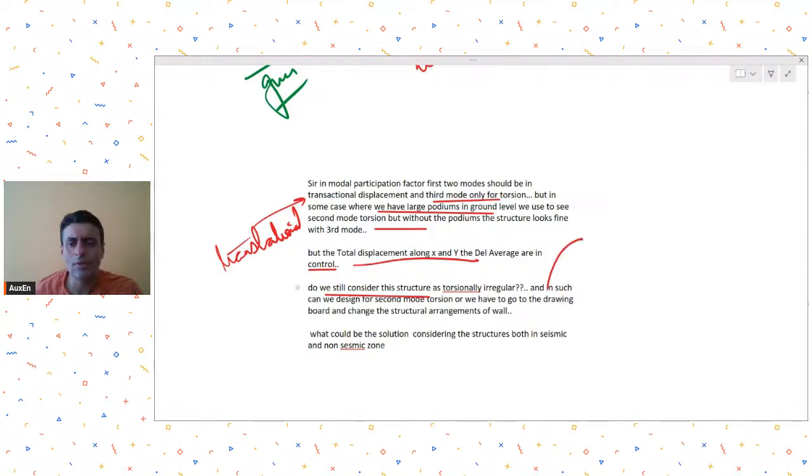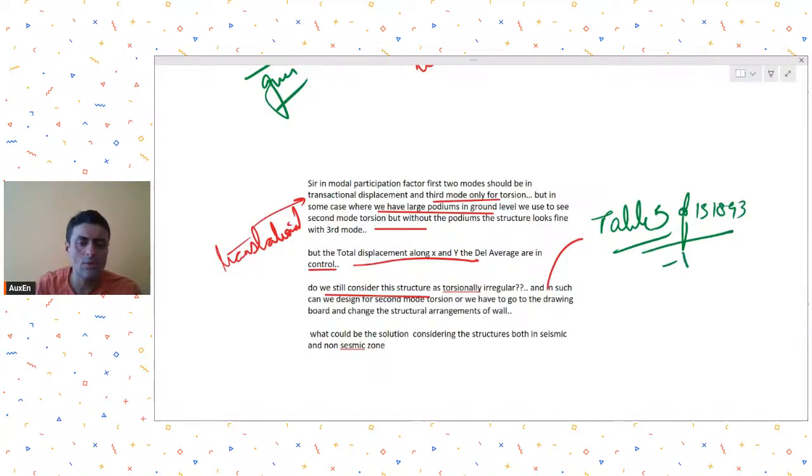No. So see, I think this is a cause of confusion for many practicing engineers. So there is nothing to be confused about. You just read table 5 of IS 1893. It's quite clear what your code is asking you to ensure.